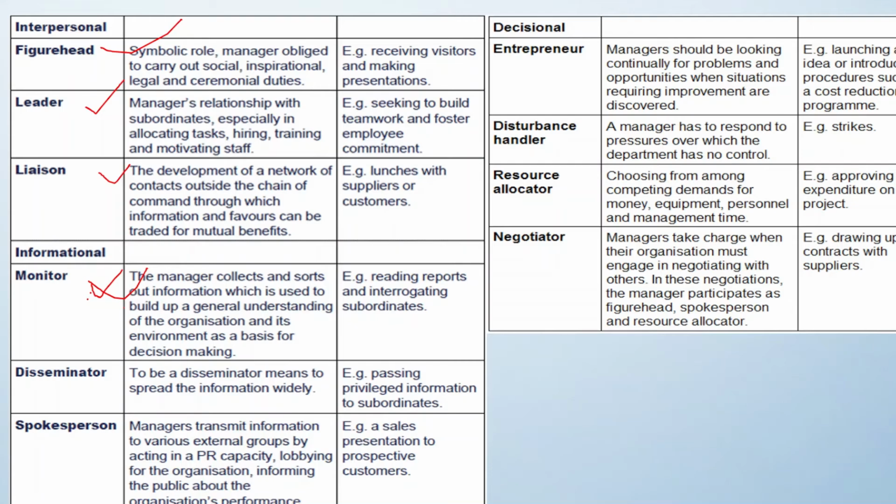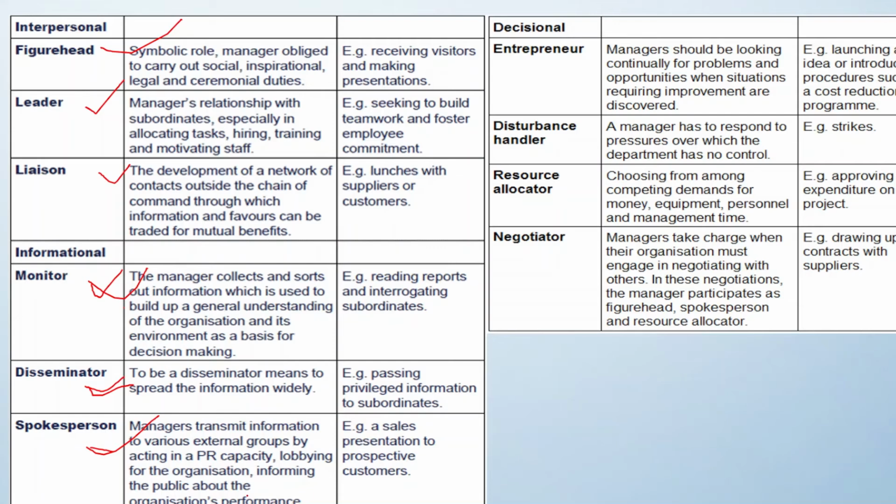So the manager transmits information to various external groups. So that also he has to handle. So he has to inform the public about the organization's performance, policies, plans as a spokesperson for the company. So that role included in the informational role.